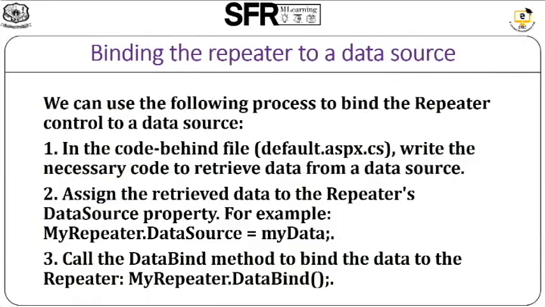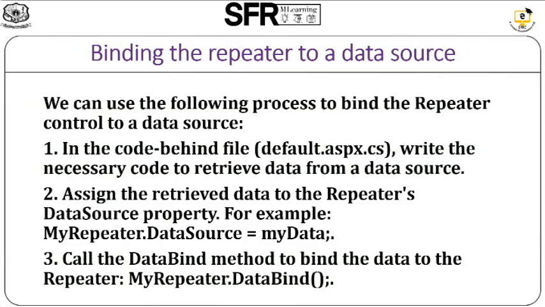Next we are going to discuss how to bind the repeater to the data source. We can use the following process to bind the repeater control to a data source. In the code behind file, default.aspx.cs, write the necessary code to retrieve data from the data source.